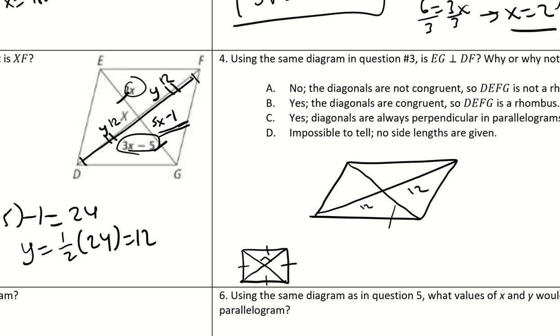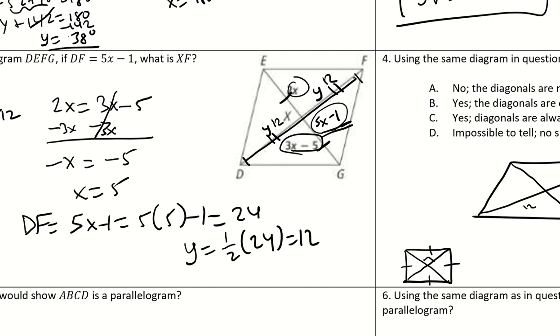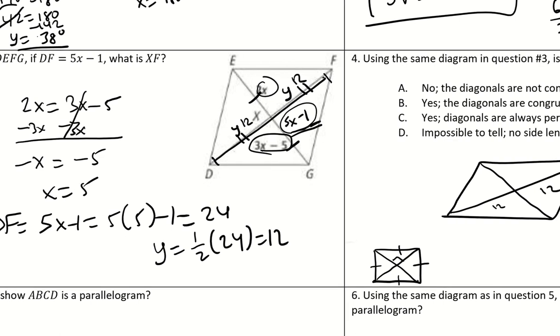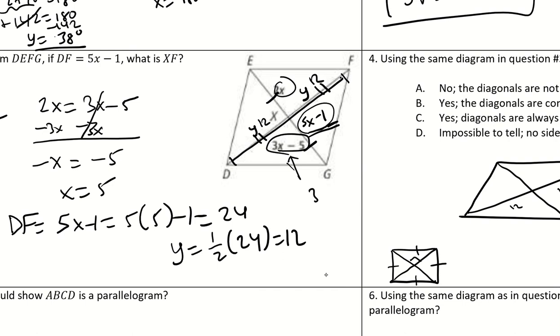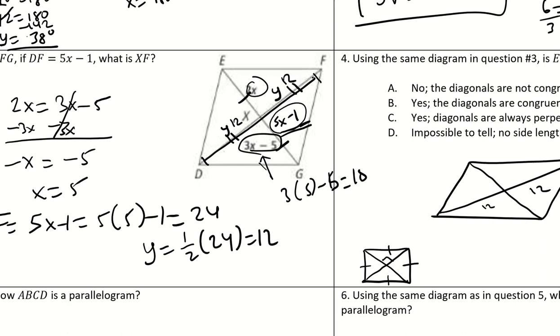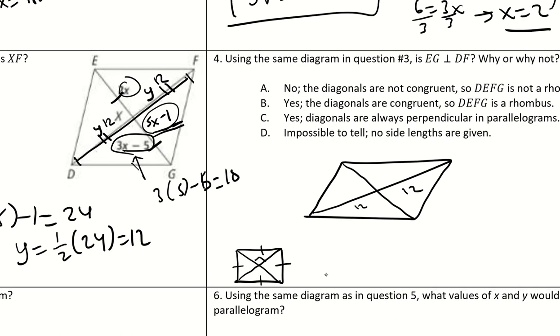And then this is 5x minus 1, so we got x was 5. Oh no, not that one. Hold on, I'm looking at the wrong one. 3x minus 5. Okay, so this is 3 times 5 minus 5, which is 15 minus 5, which is 10. So that's 10, and this is 10. So 10 and 10. These are congruent, and these are congruent.